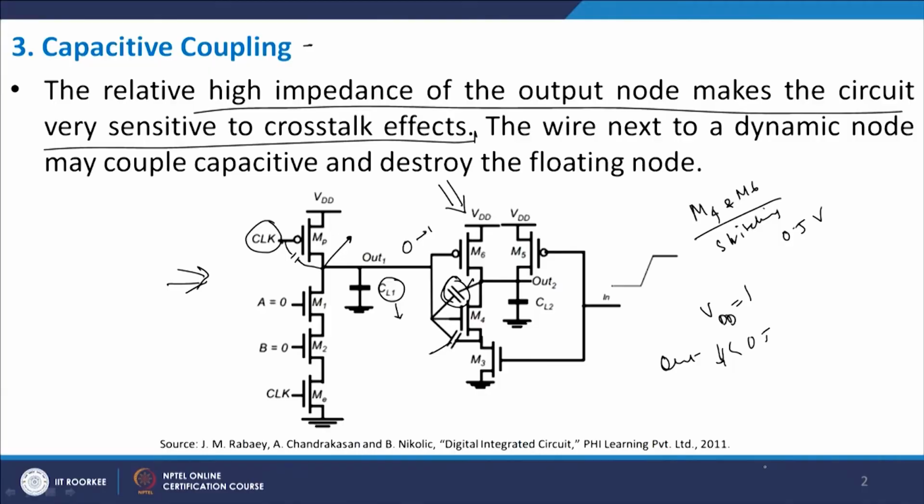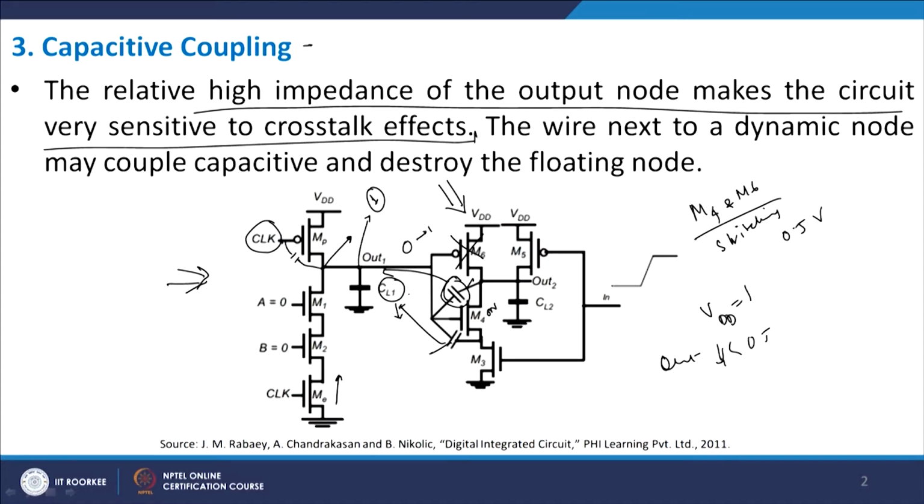Let us suppose you have entered the evaluation phase and clock equals high, but A equals 0 and B equals 0. So the output will hold its value equal to 1. Since it is 1, it will switch off M6 but switch on M4, and there will be heavy capacitive loading on CL1 and CL2.